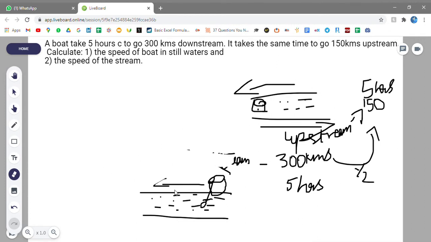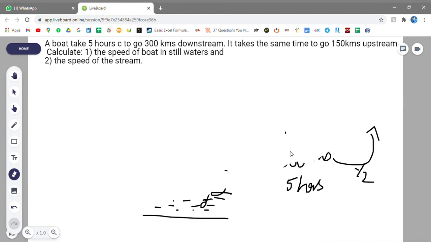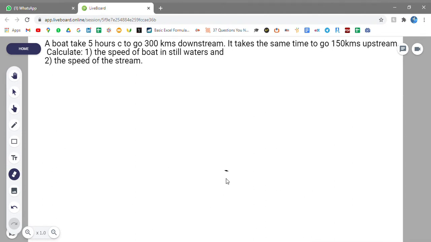This is the major thing that you are supposed to understand in this problem. Now after this, let us derive the variables required for this problem, and we will be able to come to an equation and then solve the problem directly. Okay, so let us define the variables.